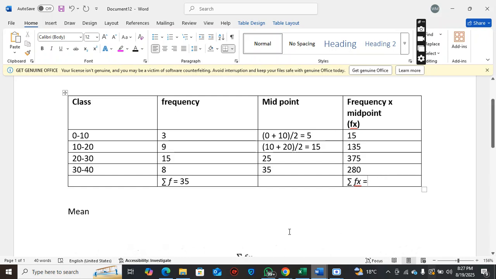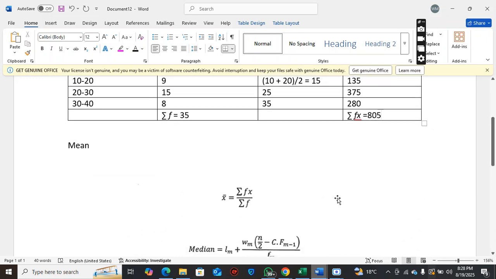What value are we getting? 15 plus 135 plus 375 plus 280, that is 805.